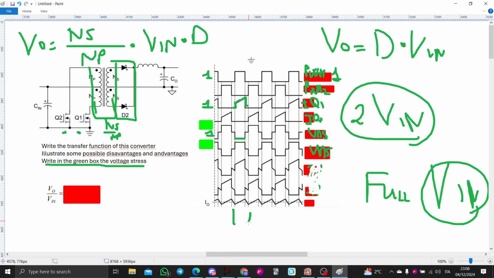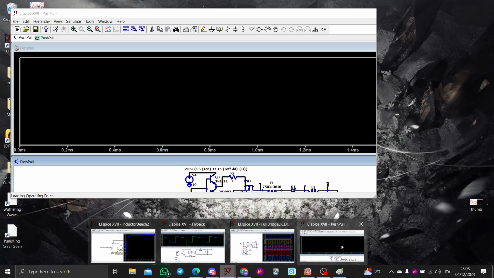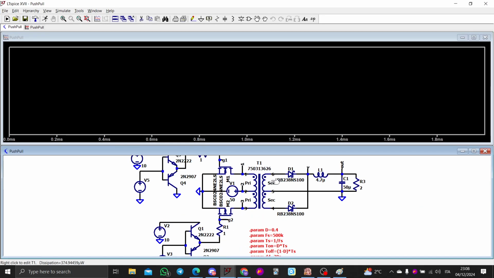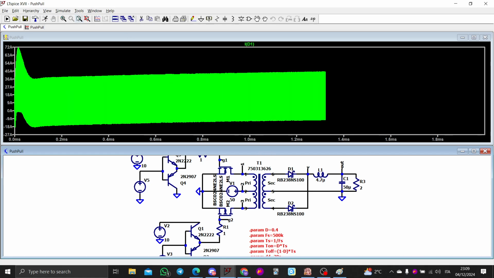This is the inductor current IL, but these two are the secondary currents. And now you can verify everything in the LTspice simulation.